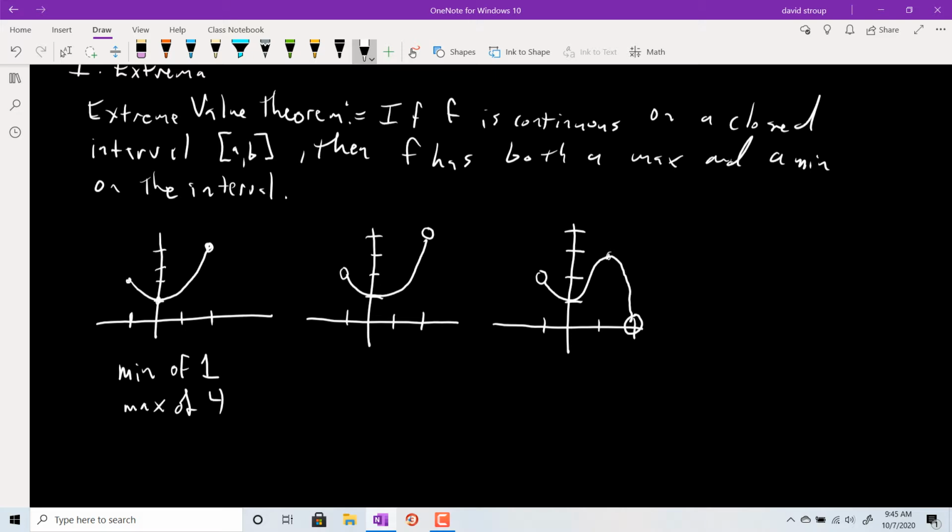For example, the second picture does not have a max. It has a min, again, of 1, which occurs at 0, but it doesn't have a max. If you look at all the y values, especially going towards x equals 2, you can never find one that is the maximum, right?